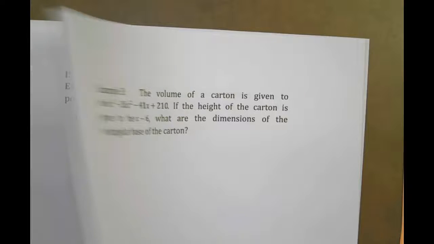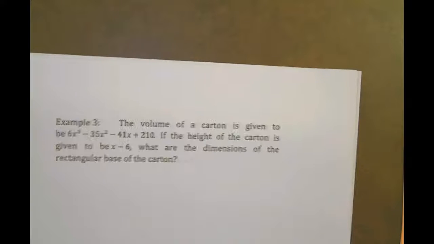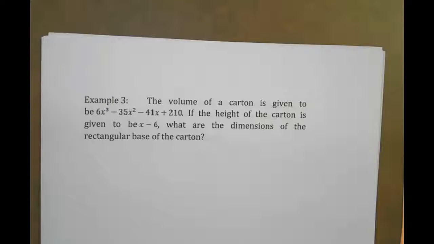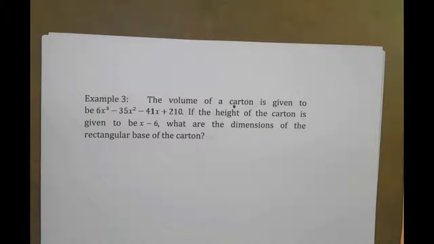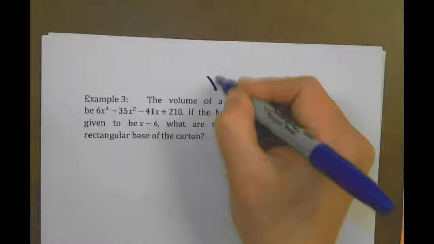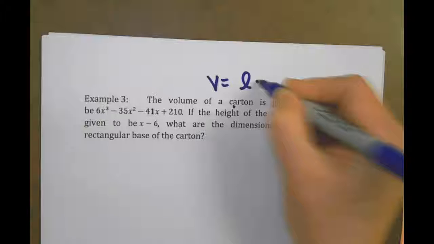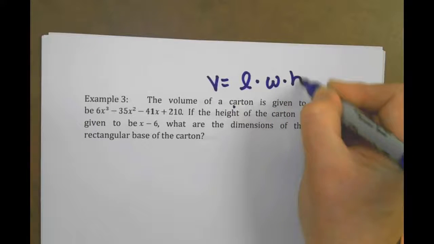This is the last example we're going to do in class today. What does this volume problem have to do with dividing? Because that's our topic for today, dividing polynomials. Well, I'm assuming, it doesn't say, but I'm assuming from this problem that a carton is just a regular square carton. So the volume would be length times width times height.